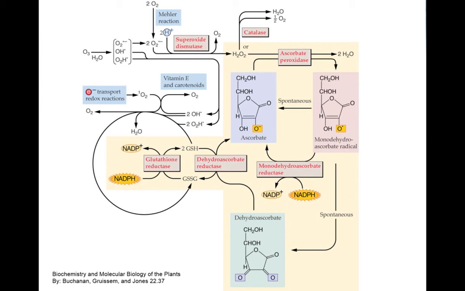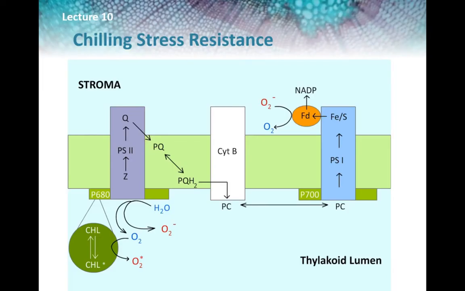A bonus of the ascorbate glutathione cycle is the generation of electron acceptors, NADP, that can help prevent superoxide formation at photosystem 1. As you will recall, the problem has its roots in the over-energized chloroplast.